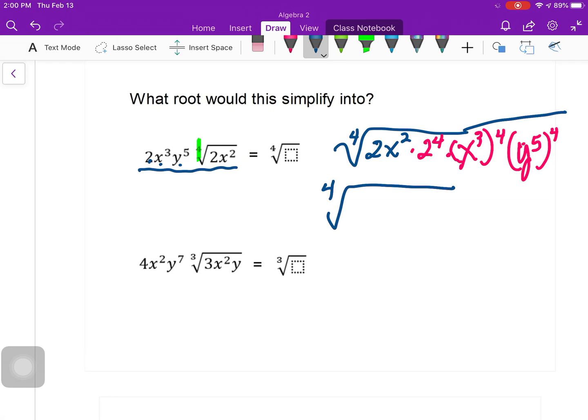So that gives me 2 times 2 to the 4th. That's 2 times 16 is 32. x squared times x to the 12th. That gives me x to the 14th. And then I have y to the 20th.